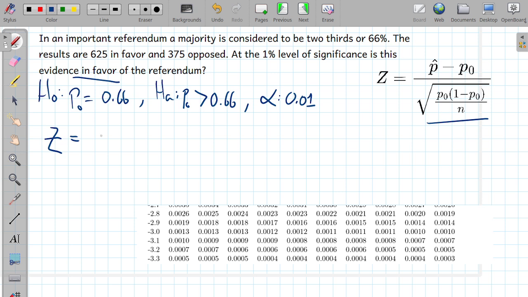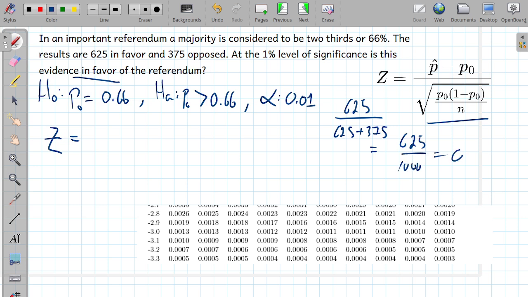All right, so we don't have any p hat, right? We don't know what p hat is. Well, here we have to figure things out. So we got 625 said yes, but how many people were asked? Well, there's 625 plus 375. It's no coincidence that worked out to 1,000, by the way, because that's what I did.